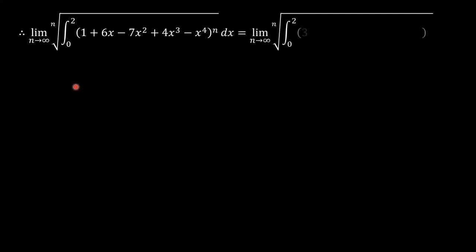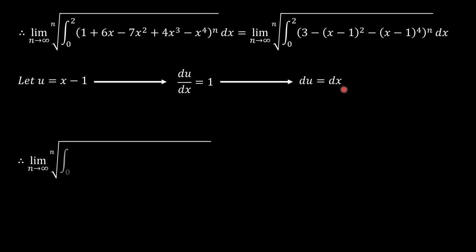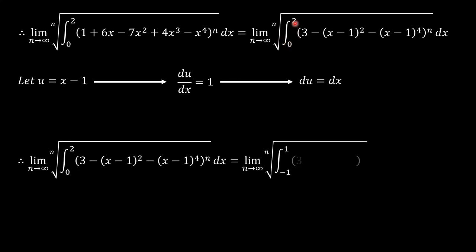Let u equal x - 1, such that we simplify this a little further, so du/dx is equal to 1, and therefore du is equal to dx. The limits also change: when x equals 0, u is equal to -1, and when x equals 2, u is equal to 1. So this is what our result is now.